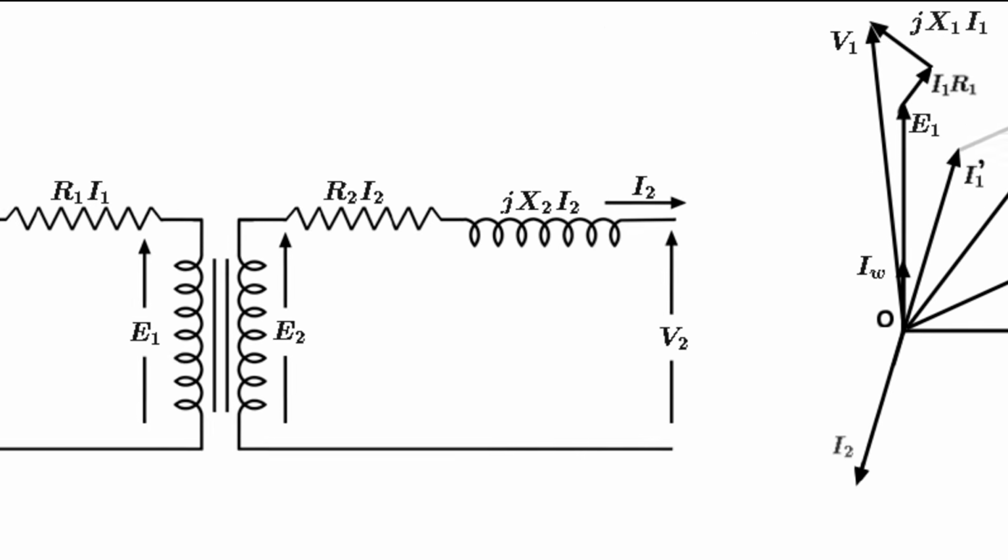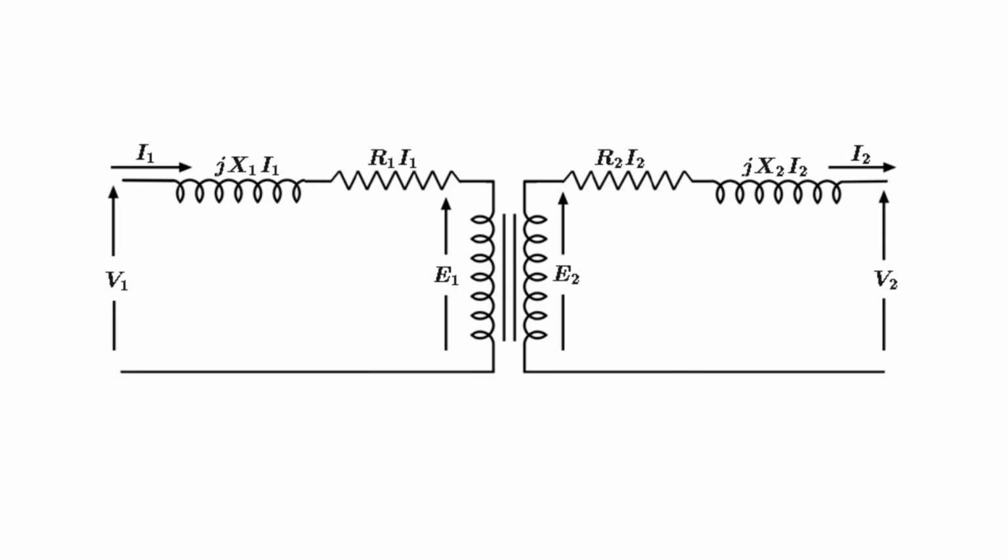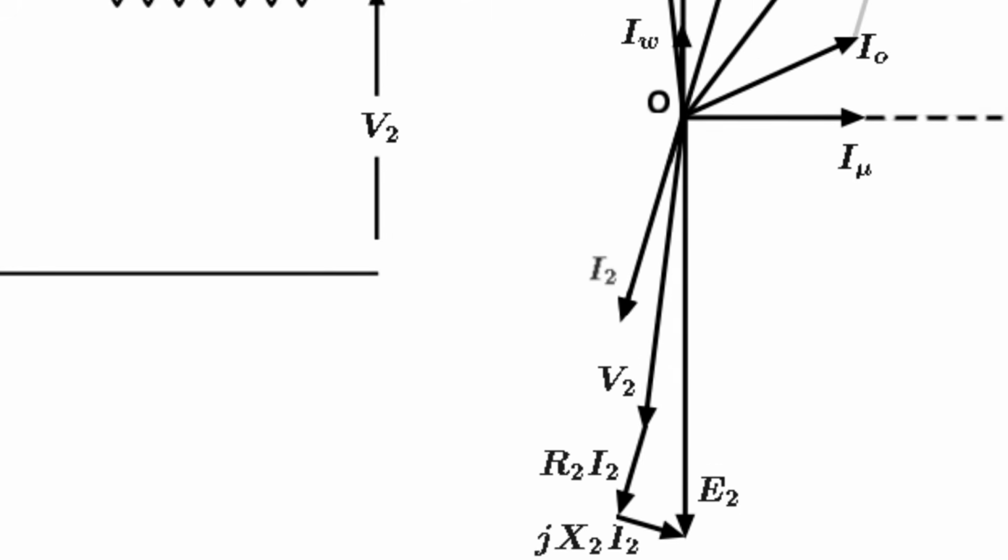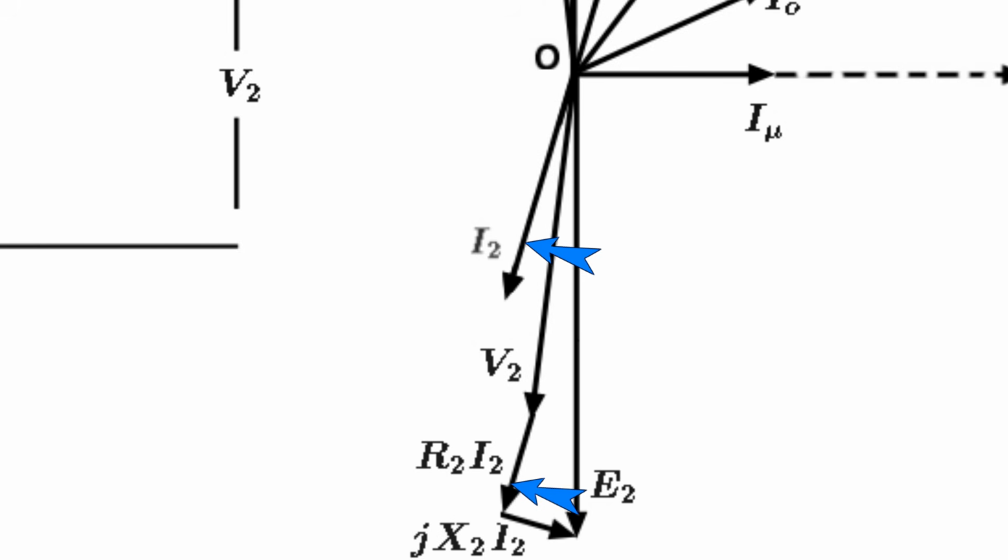Similarly, in the secondary winding, there will be both resistive and reactive drops along with the induced EMF. In the secondary winding, the induced EMF across the secondary winding will also be dropped by a resistive voltage drop, which is along the secondary current and is denoted as I2 multiplied by R2.